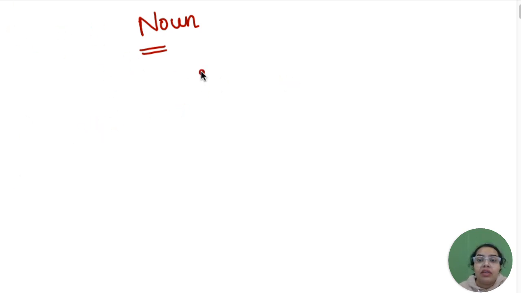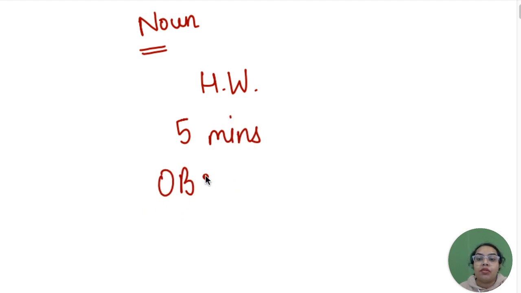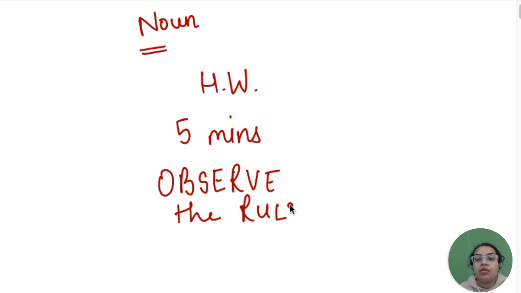Anyways, so every day that we do a topic, your homework is going to be taking out 5 minutes to observe. Okay, so you are supposed to observe whatever we have learned, observe the rules. You have to observe the rules which we have learned in that particular chapter.